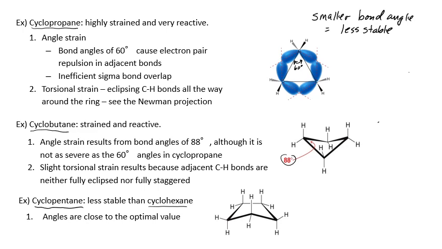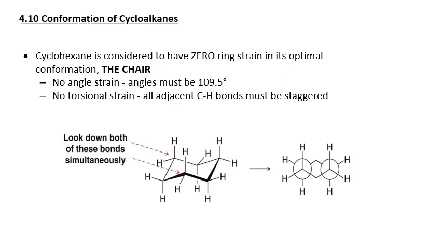You don't have to memorize anything from this slide, really. Our main focus is going to be on cyclohexane. So cyclohexane is considered to have zero ring strain.